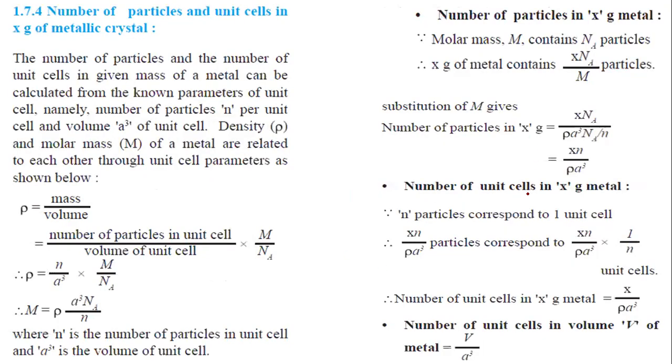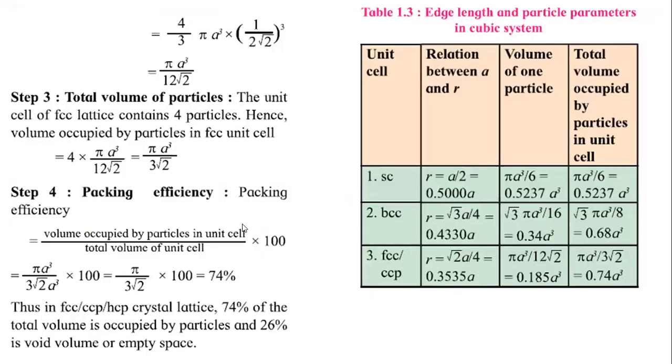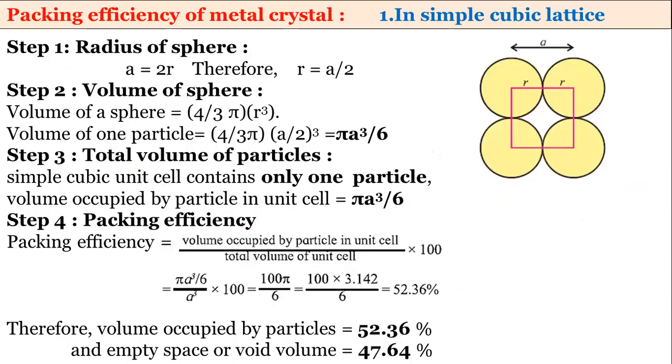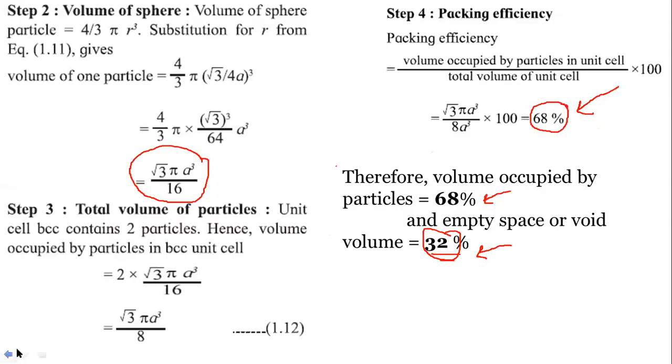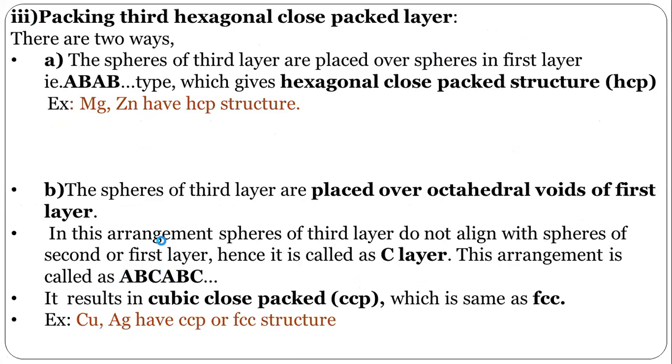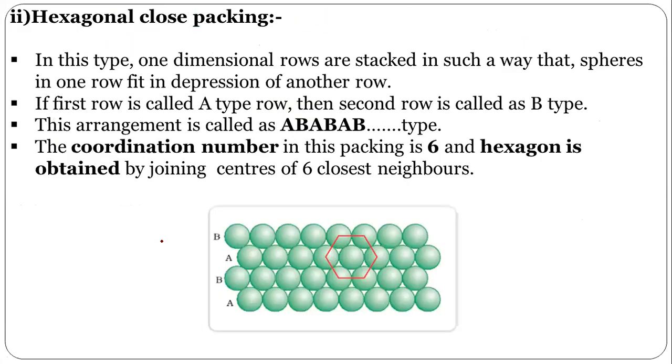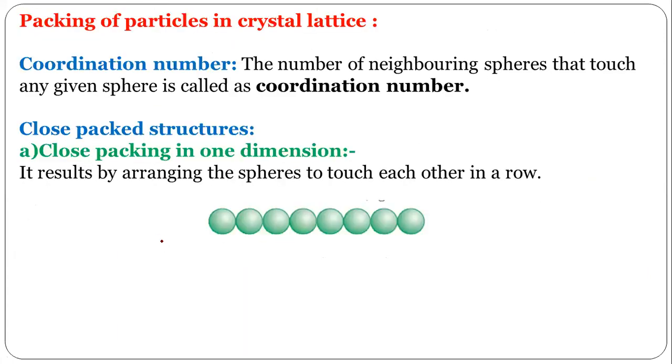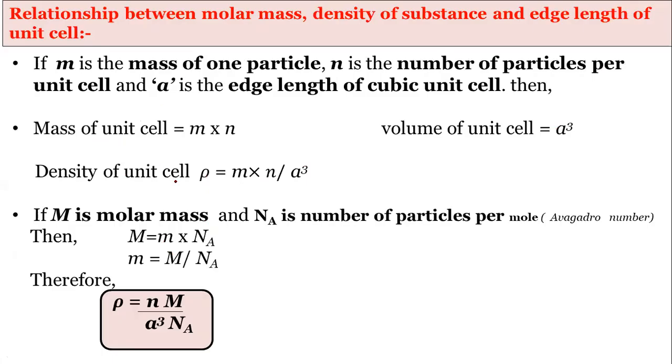This is already discussed, the number of particles in the unit cell. This formula is already discussed here. I will show where you studied it, because two times it is given in the textbook. See this one, the relationship between molar mass and density.